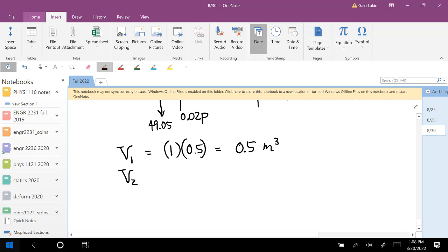And then the second volume is 1 kilogram times 0.3 cubic meters per kilogram. And so that gives us a volume of 0.3 cubic meters.